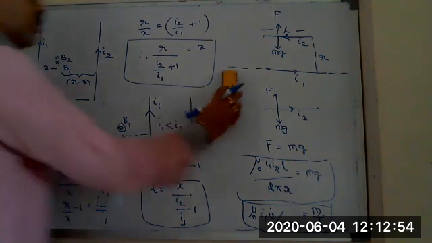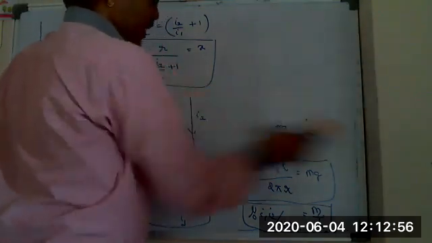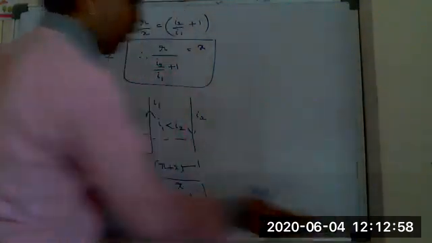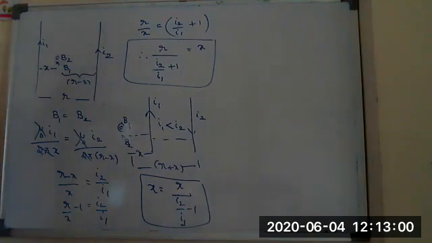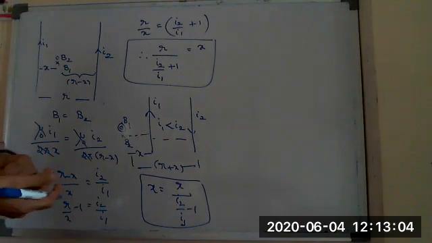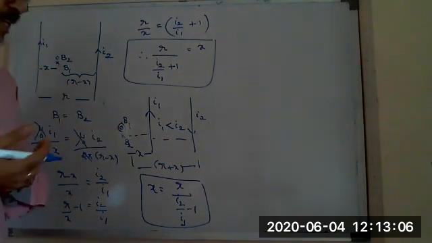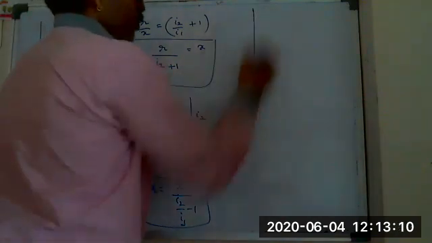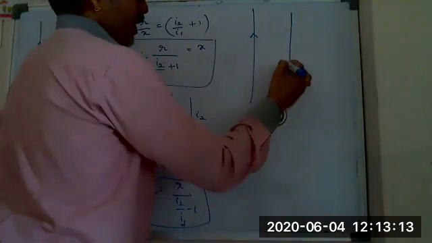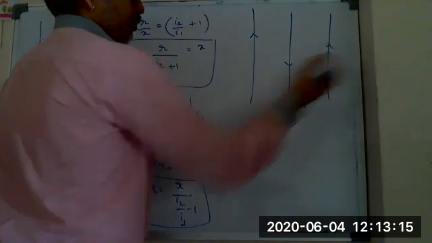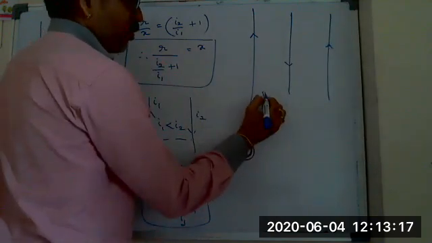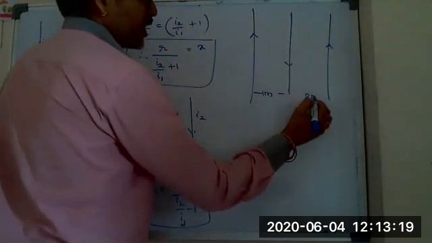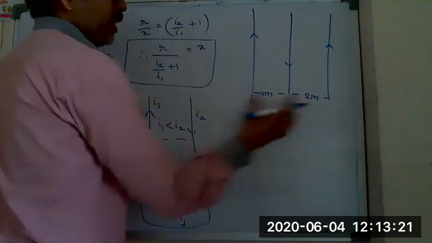And suppose they give more than 2 conductors. Related to more than 2 conductors, they may ask what will be the force, what will be the ratio of forces, what will be the ratio of magnetic fields at different points. Say one example here. Suppose these are the 3 conductors placed like this, at different distances, like 1 meter, and those 2 are placed at a distance of 2 meters separation.